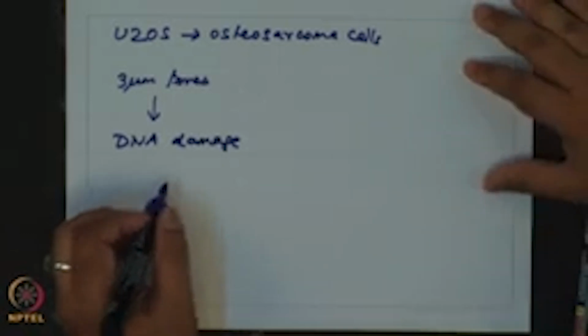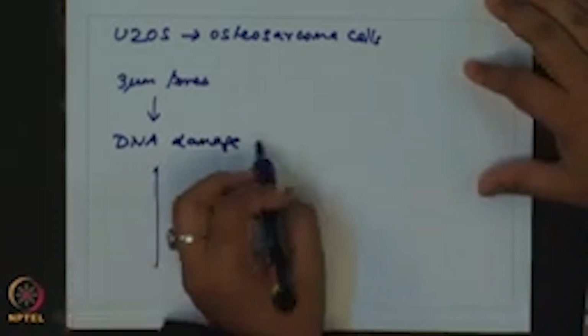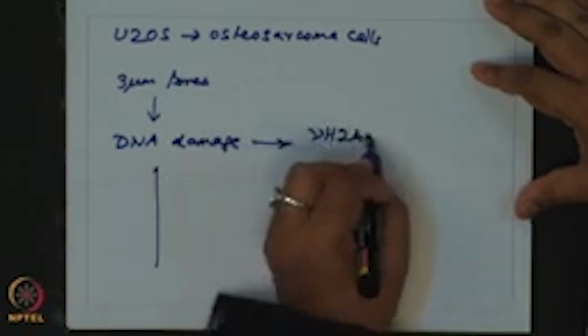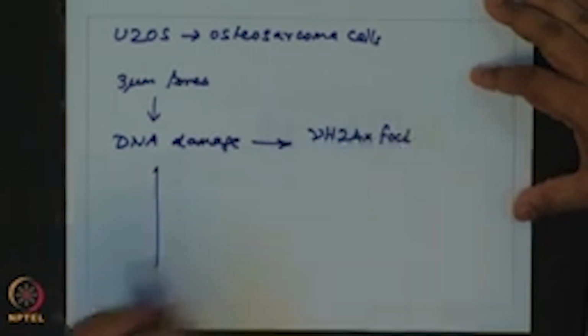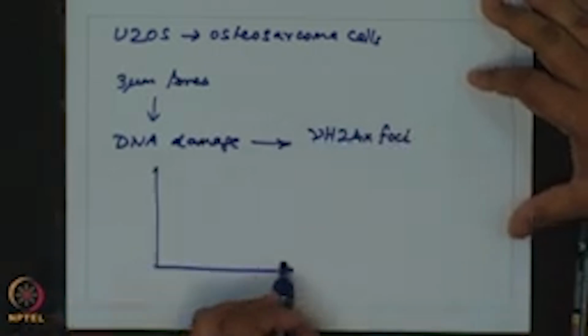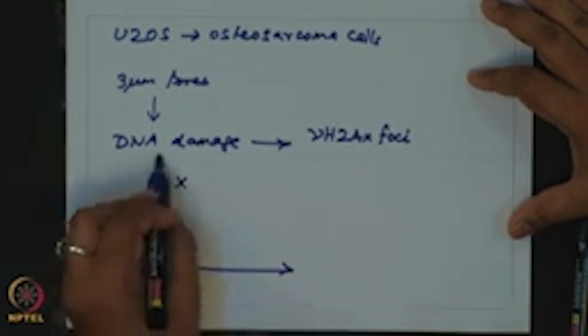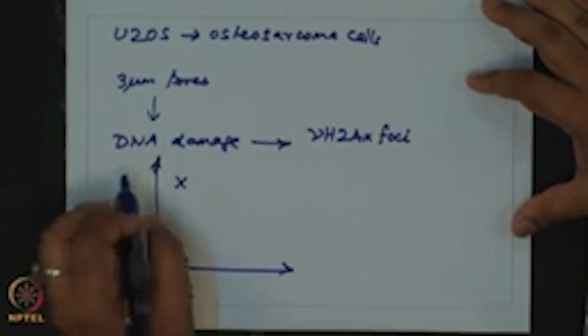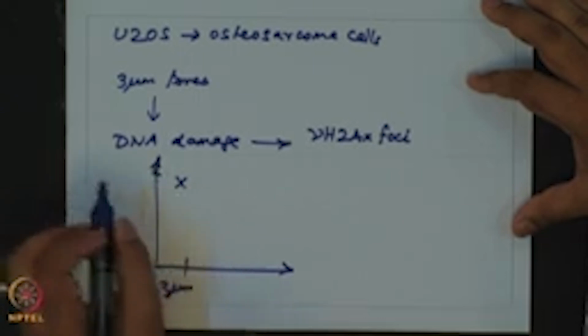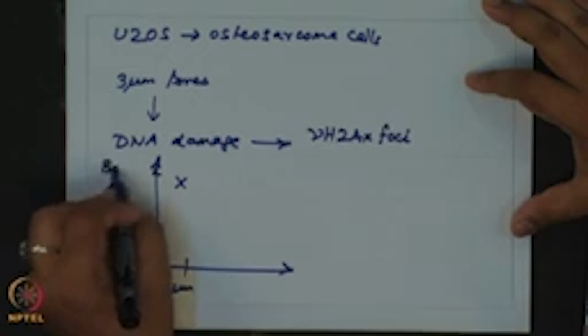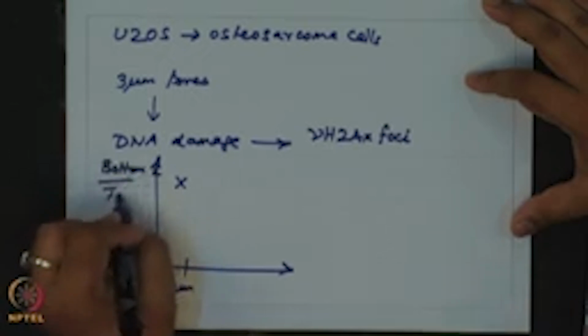They tracked the extent of DNA damage by the number of gamma H2AX foci. What they found, they tracked the ratio of gamma H2AX foci at the bottom versus top.